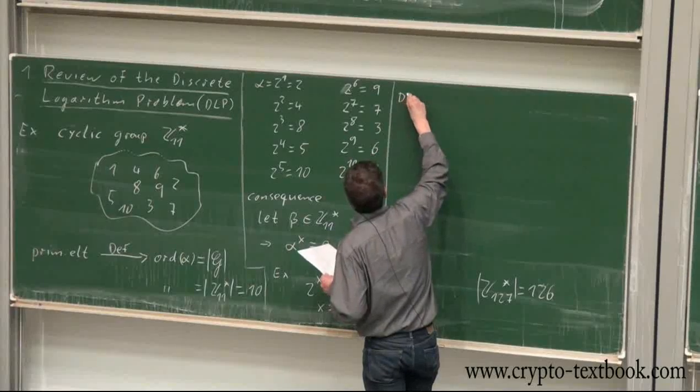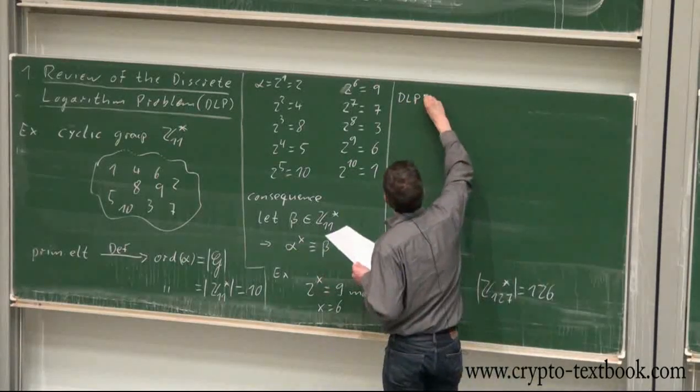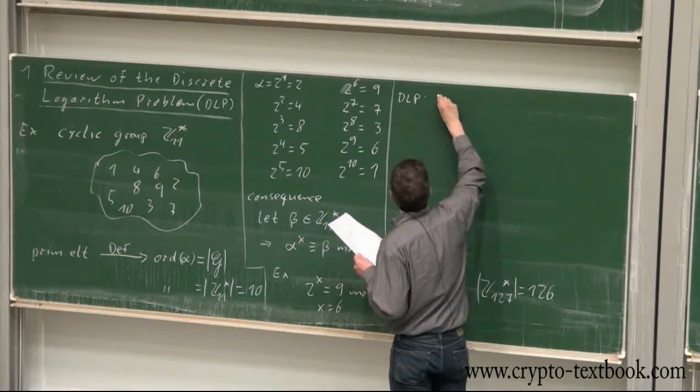Now, again, this is all repetition, more or less, from last time. The definition of the discrete logarithm problem is as follows.